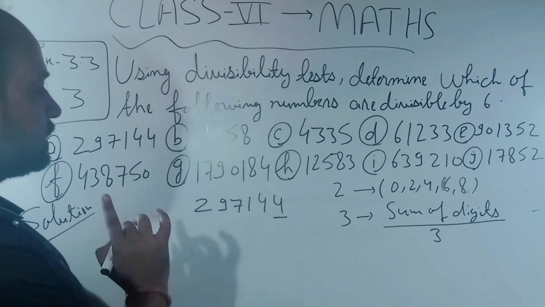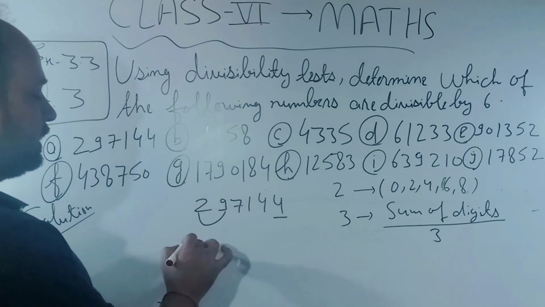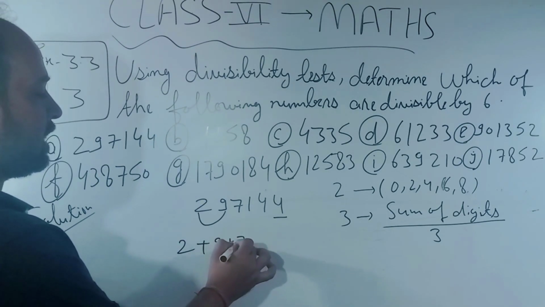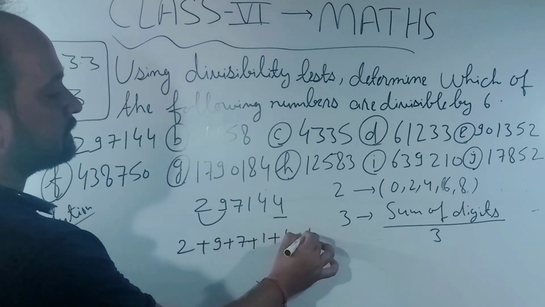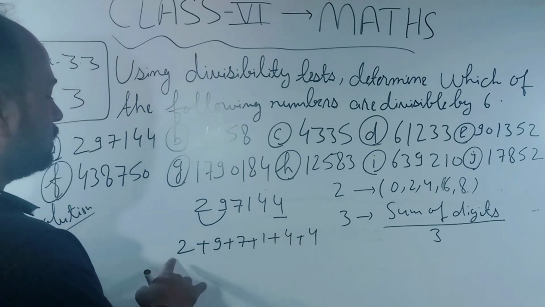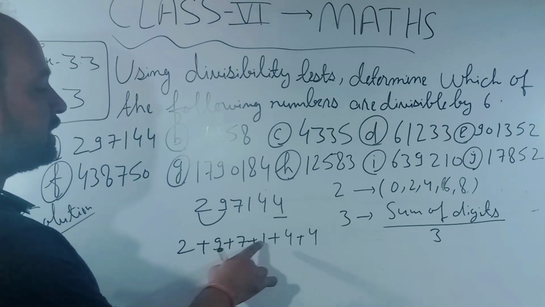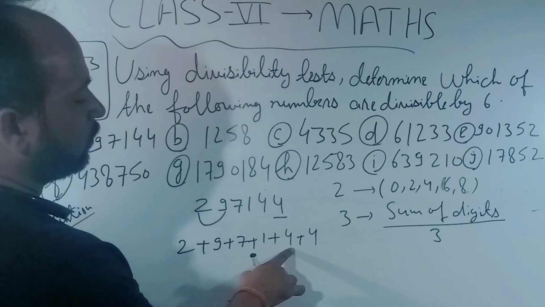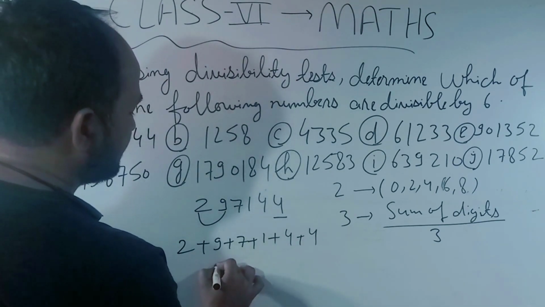Now in the case of 3, we will add the digits. 2 plus 9 plus 7 plus 1 plus 4 plus 4. 2, 9, 11; 11 plus 7, 18; 18 plus 1, 19; 19 plus 4, 23; 23 plus 4, 27.